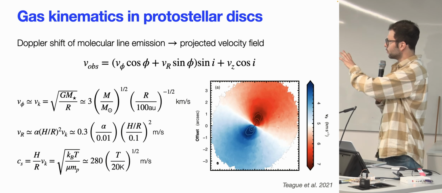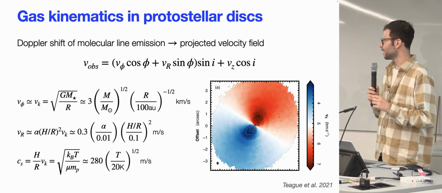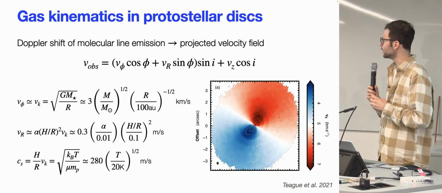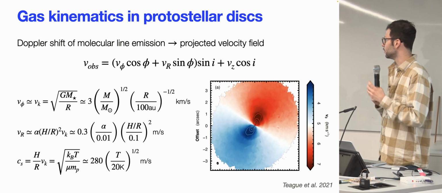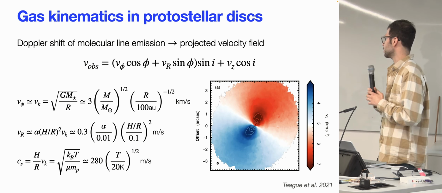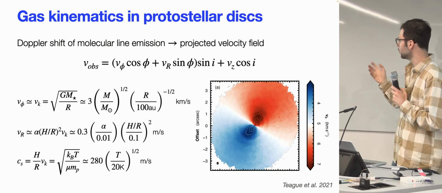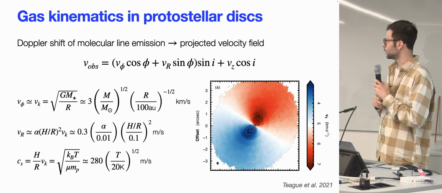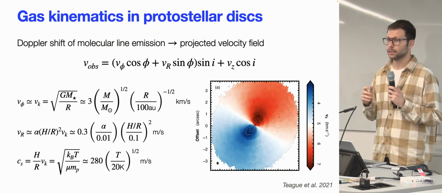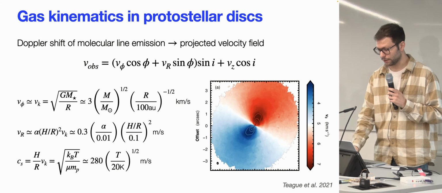You can see that for typical values it is a fraction of a meter per second, so it's not really big. And finally, we have thermal motion, so the sound speed, that is of the order of hundreds of meters per second. So as you can see here, the most important velocity component is the azimuthal one, that is basically determining the shape of this observed velocity field.